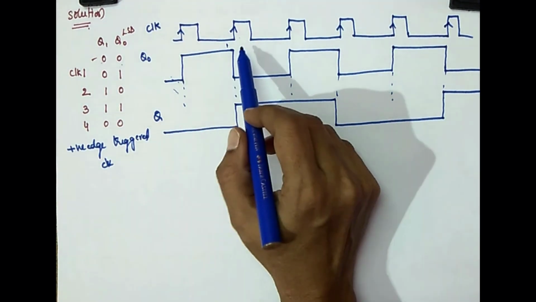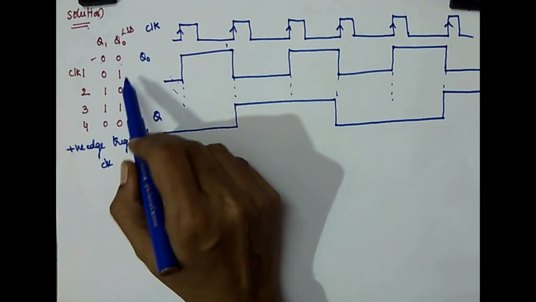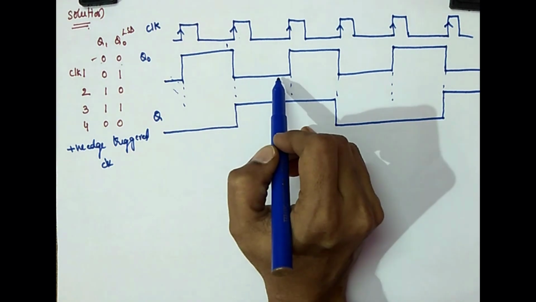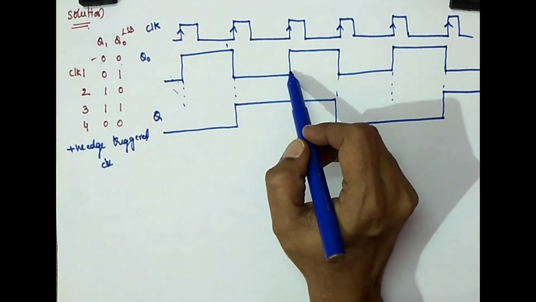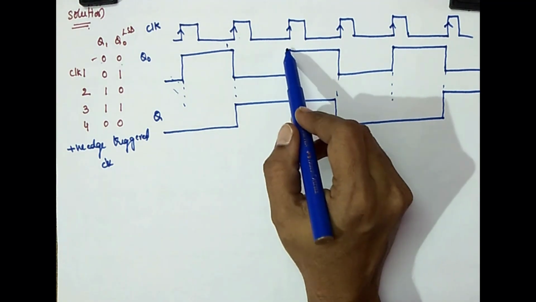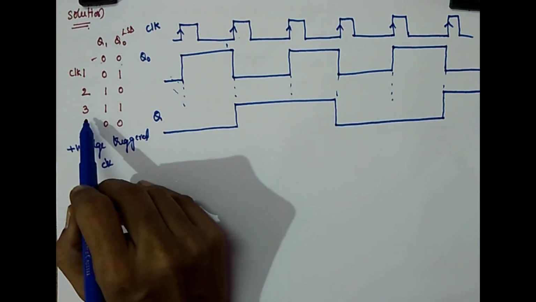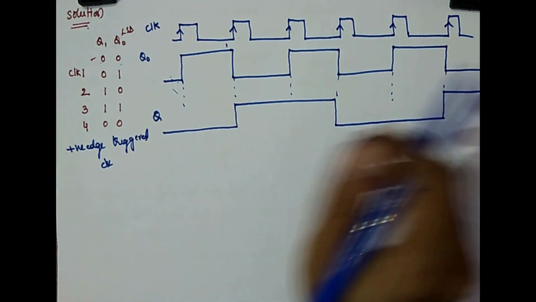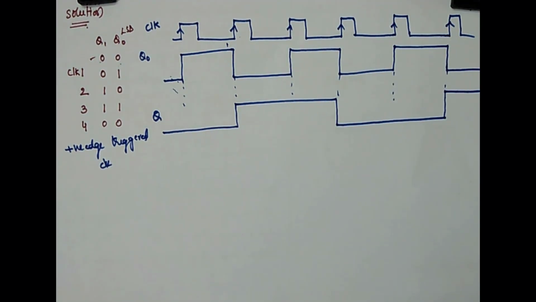Then for clock 2, it goes to 0. For clock 3, it goes to 1. And for clock 4, it goes to 0 again. It will continue for successive clock pulses. Then I'll see what the output Q is.